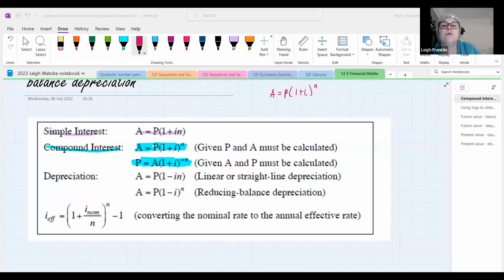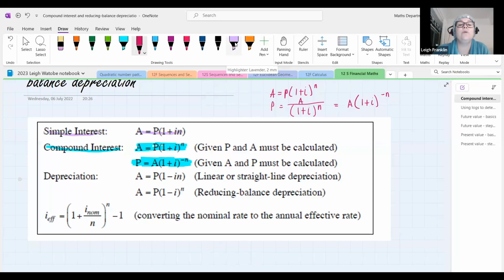So P would become the subject when you divide A by (1 plus i) to the power of n. Remember, you can take a base from the denominator into the numerator if you change the sign of the exponent. So that's why we can write it as A times our base to the power of negative n. Okay, so just remember that because you may end up seeing it at some stage.